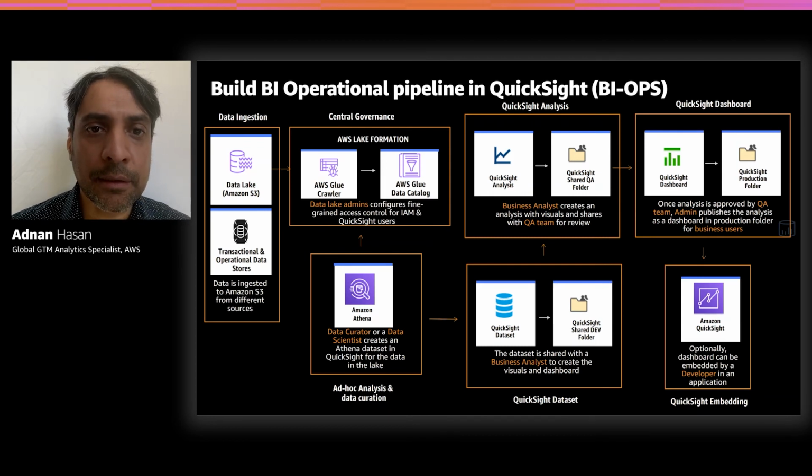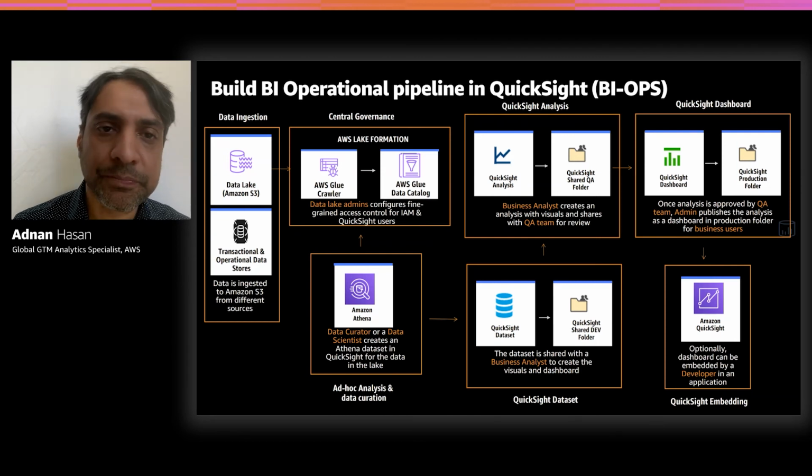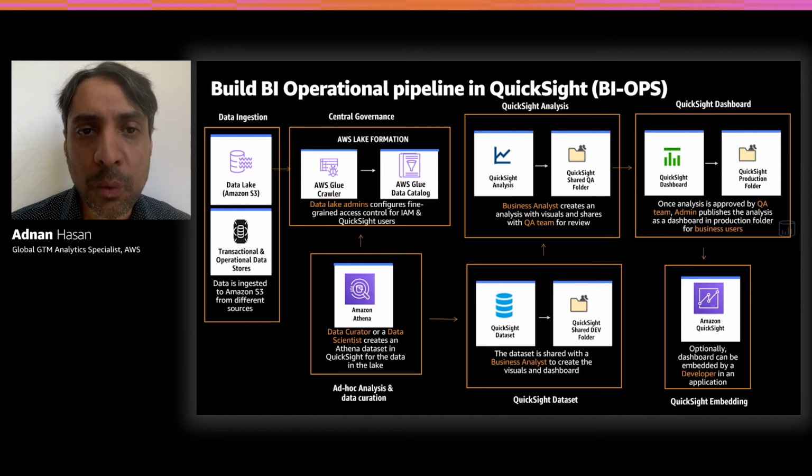This is then given access to a data curator, who is building the data set using Amazon Athena in QuickSight. This data curator now only has access to a limited set of data, even limited columns.